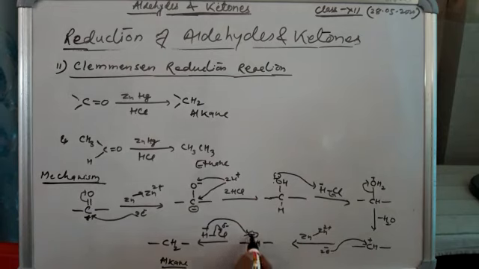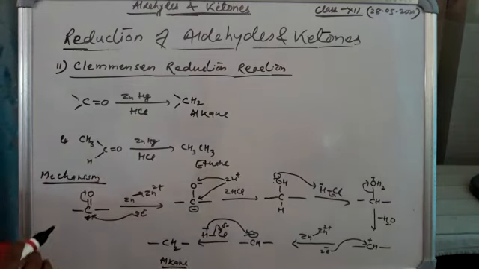Again carbon acquires a negative charge by taking 2 electrons, so protons go towards the carbon to stabilize it. So the formation of alkane takes place. This is the important named reaction in which we study the reduction of aldehyde and ketone: Clemmensen reduction and Wolff-Kishner reduction.